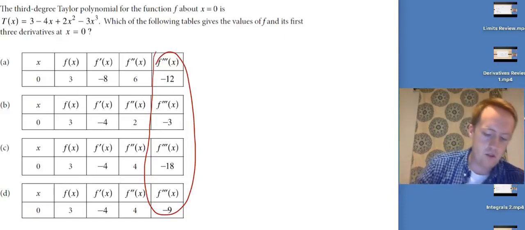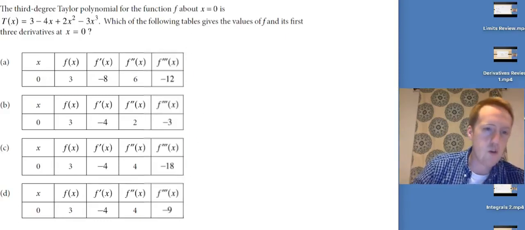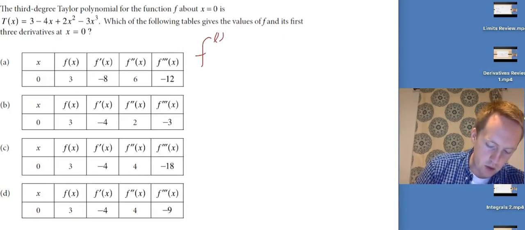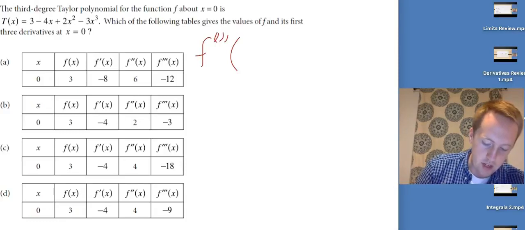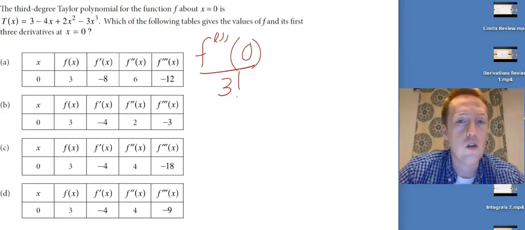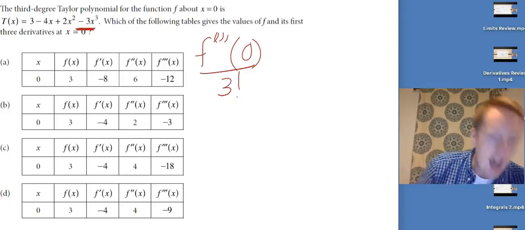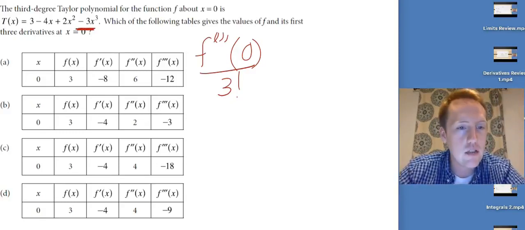So let's find the third derivative. The third derivative should be paired with the third degree term. So it should have coefficient f triple prime evaluated at 0 over 3 factorial. That's what the coefficient of the third degree term should be, based on the definition of a Taylor polynomial. If I look right here, I can see what it actually is.